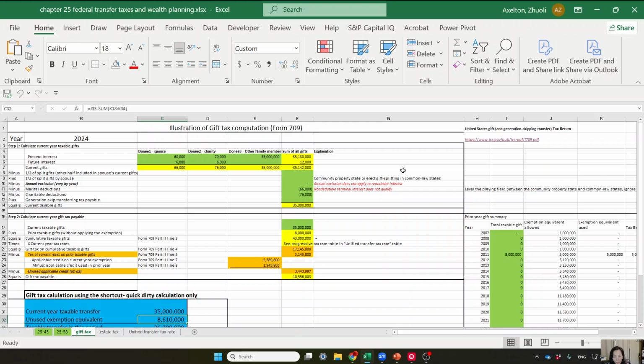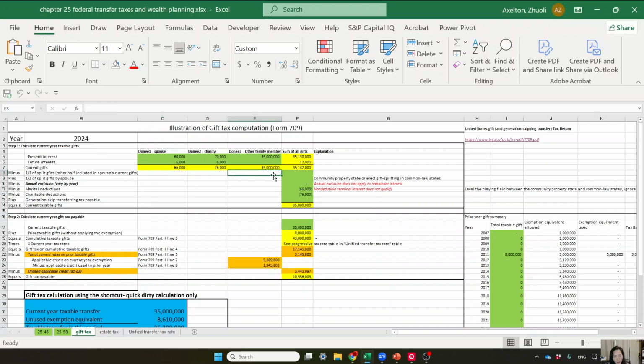So from a gift tax perspective, the starting point is to collect information for the donor on all the gift transfers that happened during the year, and the annual exclusion is applied at each donee's level. So this is something we have to figure out, and there's a lot of stuff happening in between.